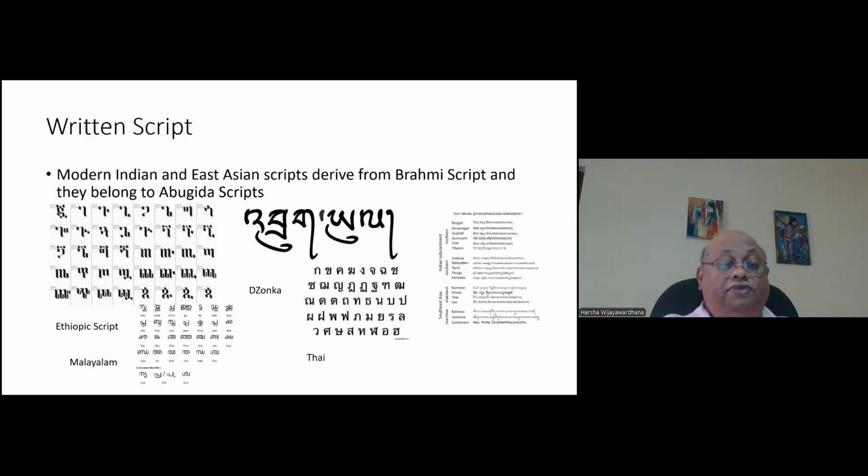Then you have Malayalam, for instance, again at the bottom left, and Dzongkha from Bhutan, a beautiful script which stacks up several levels on a letter.